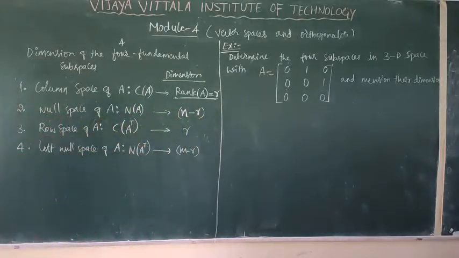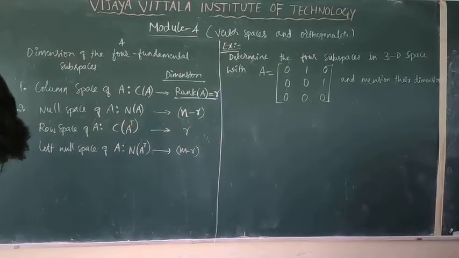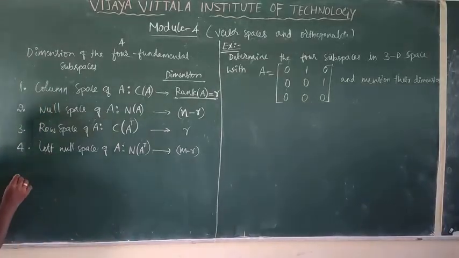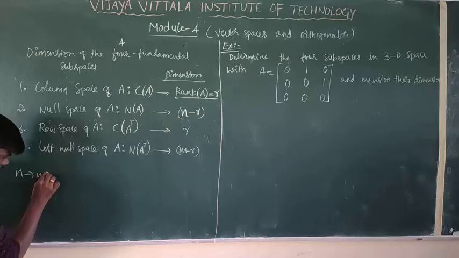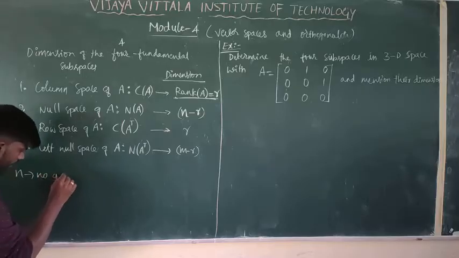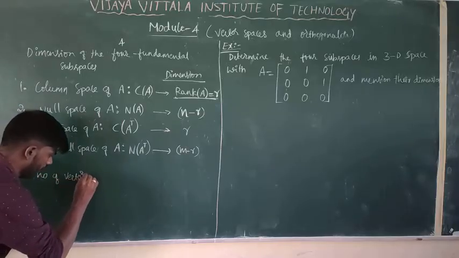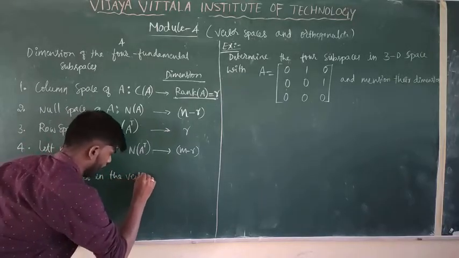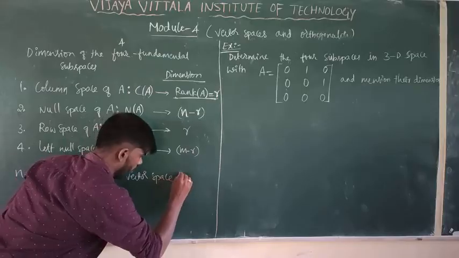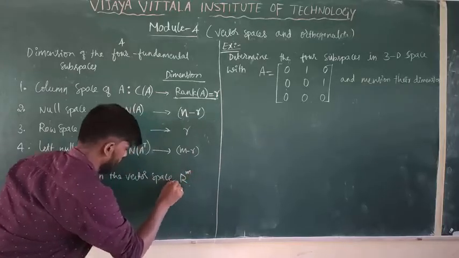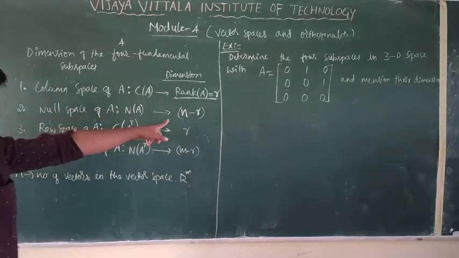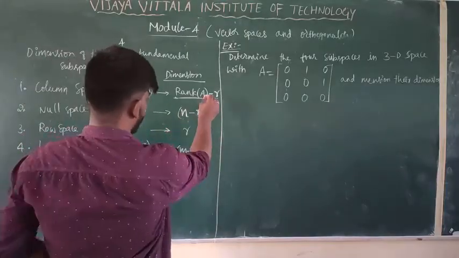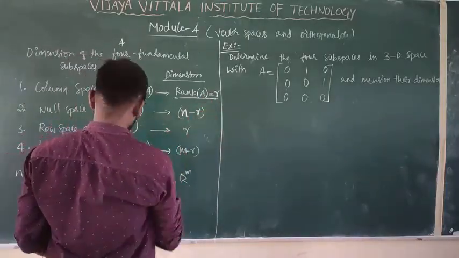Here n is the number of vectors in the vector space R power m. Okay? n is the number of vectors, and r is the rank.